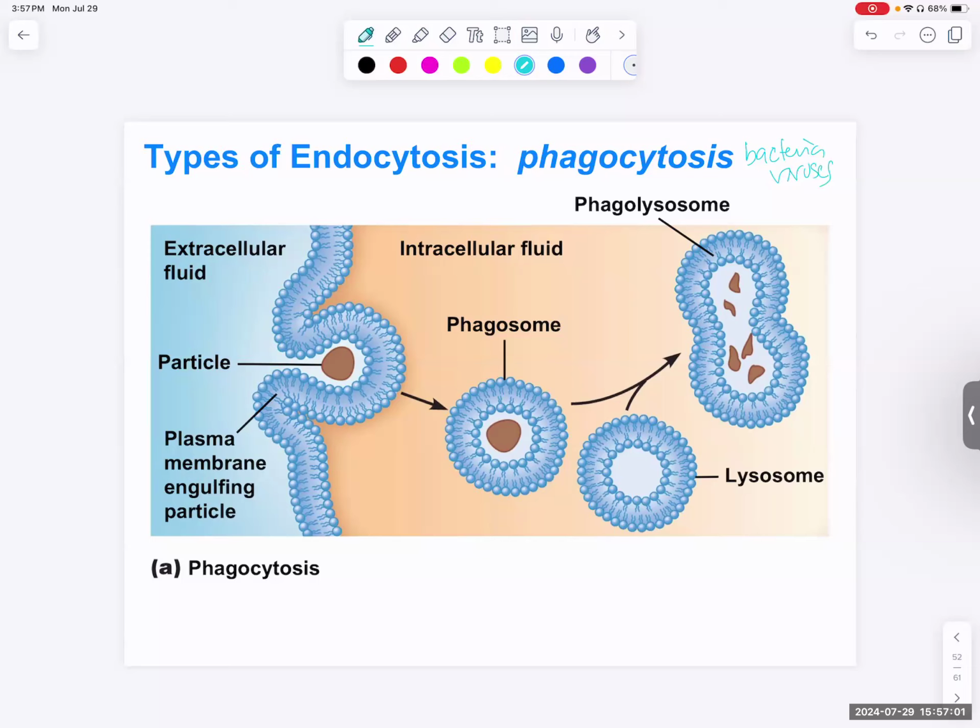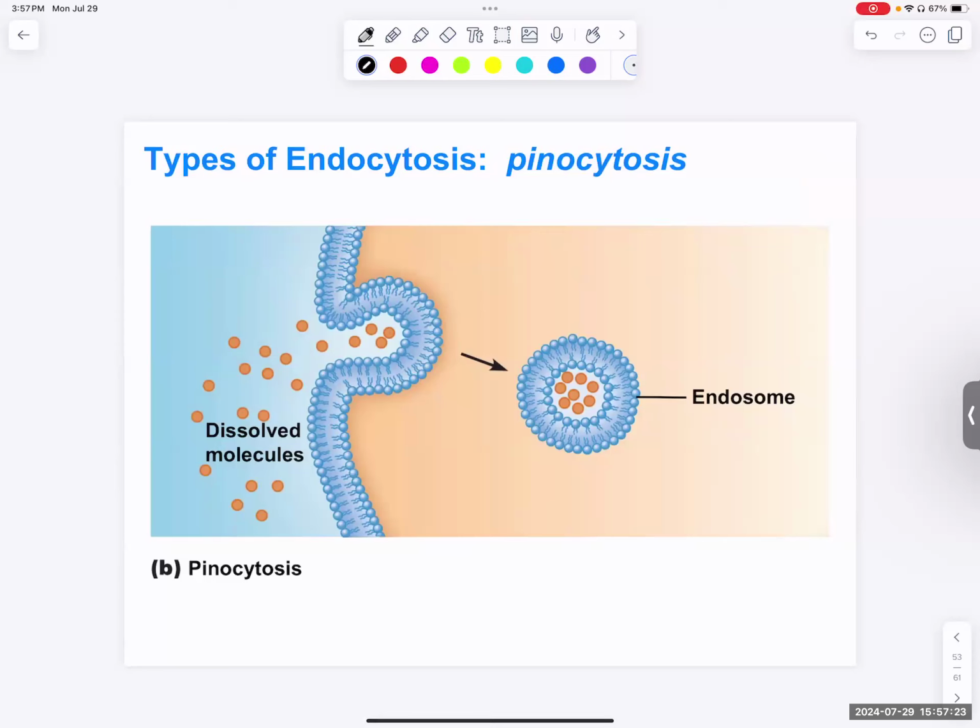And so the cell membrane will engulf the bacterium and bring it into the cell, form a phagosome, and that will merge with the lysosome, which has enzymes, and it's going to kill the bacteria or virus. So that's phagocytosis.